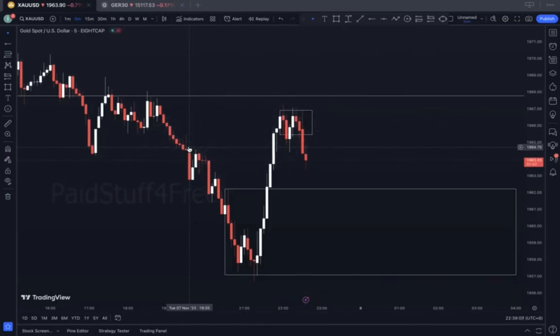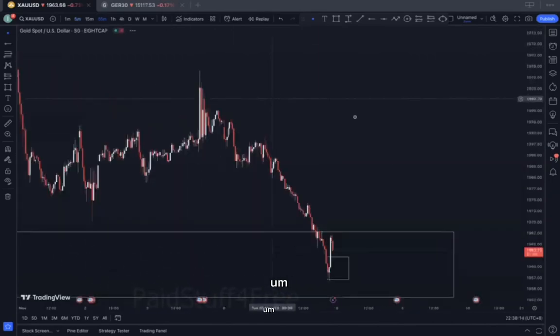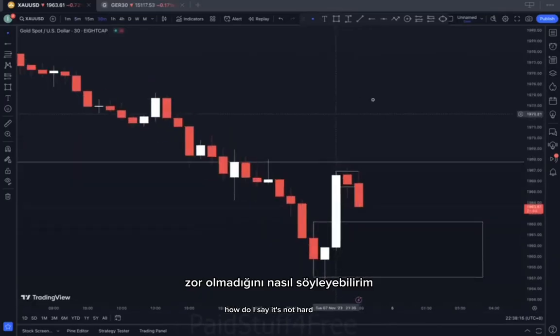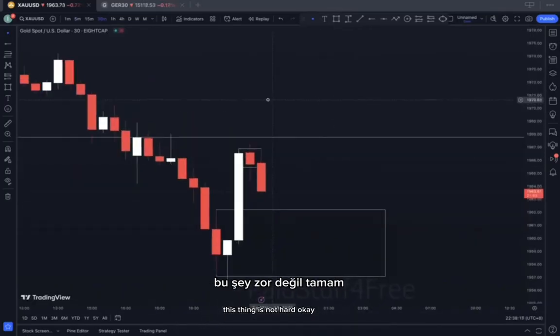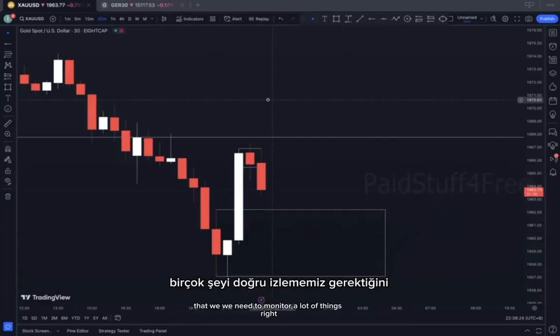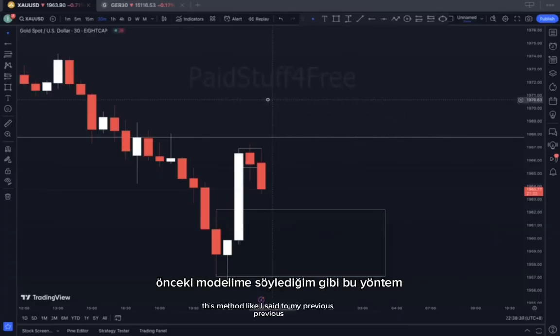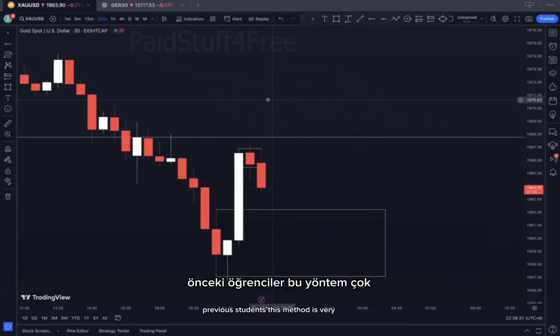This thing is not hard. Sometimes the hardest part in this method is that we need to monitor a lot of things, right? Like I said to my previous students, this method is very powerful.